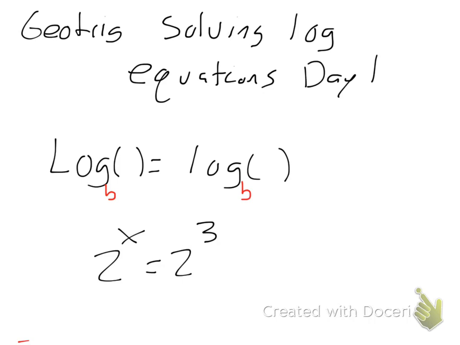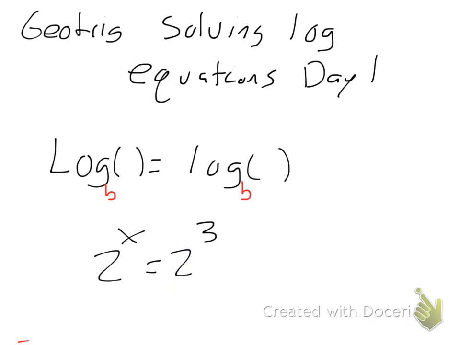So let me start off with a little bit different equation. Now guys, remember that we talked about how logs are the same thing as exponents in a way, right? We switch them back and forth between exponent form and log form. Well, if I pose this particular question, 2 to what power would equal 2 to the third power? We already did these types of problems.